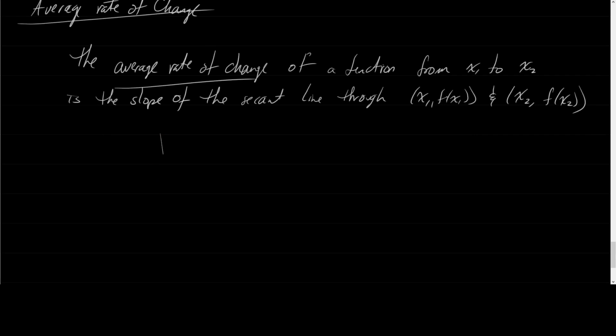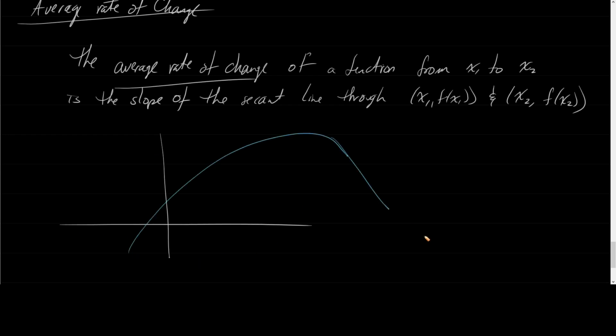So let's see. I have here my coordinate axes, and let's say that I have a function that looks something like this. Here is my first point, x of 1 comma f of x of 1, and I've got this other point up here, x of 2 comma f of x of 2. And in here we're going to have this line.